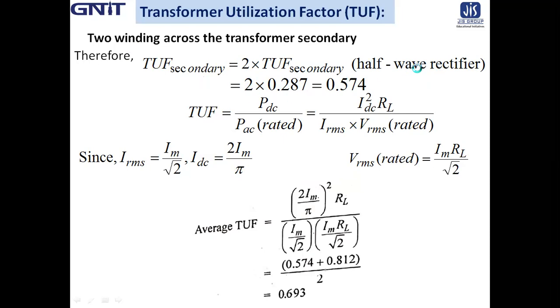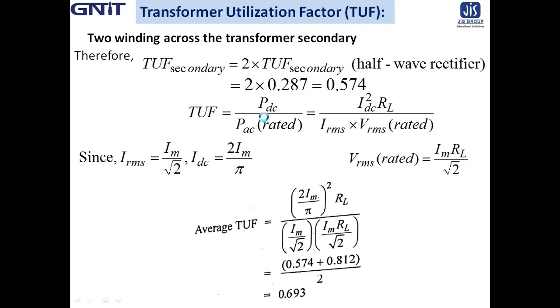In case of the half wave rectifier, it was 0.287, so it is 0.574. And TUF primary is defined as the ratio of the DC output delivered to the load to the AC rating of the transformer primary.